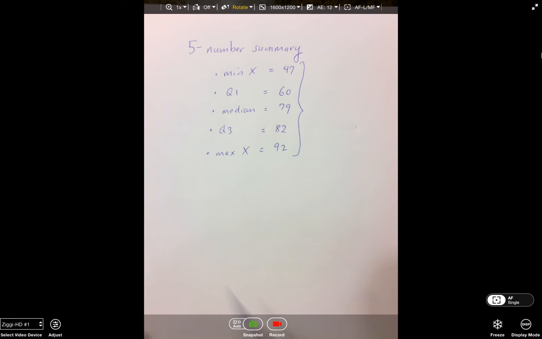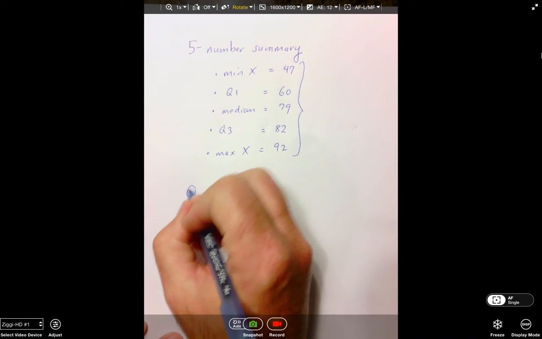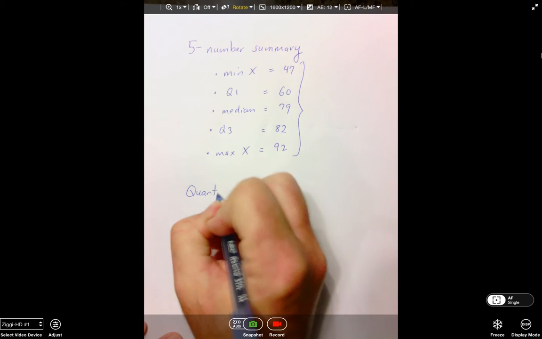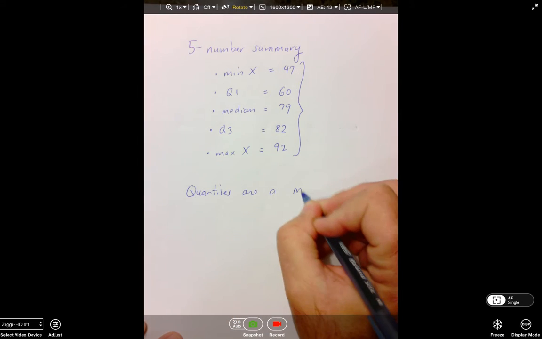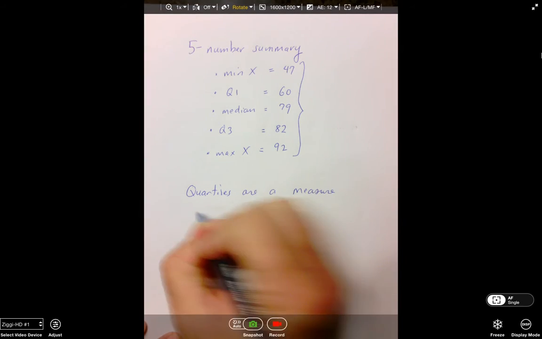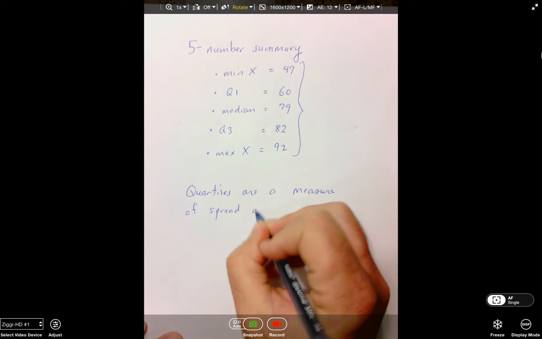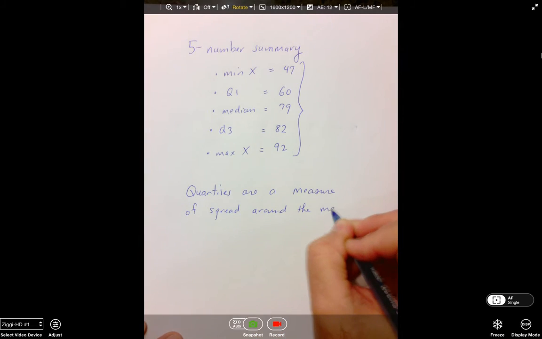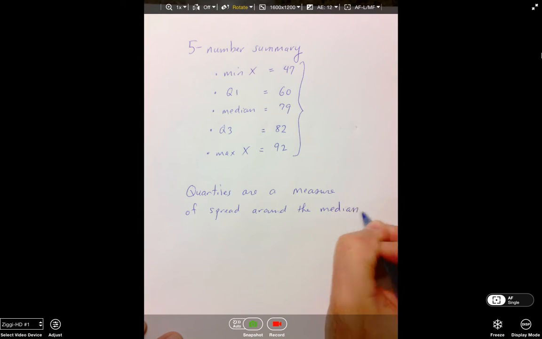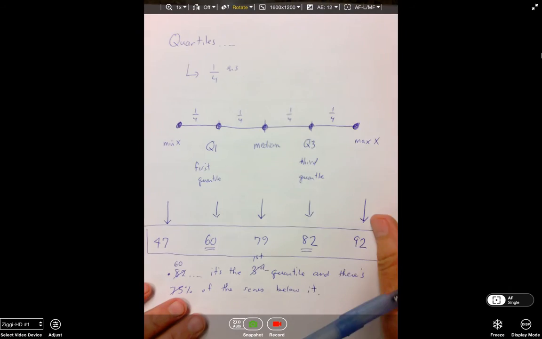Now, notice that the quartiles are a measure of spread around the median. Right? Let's go back again to our picture right here.